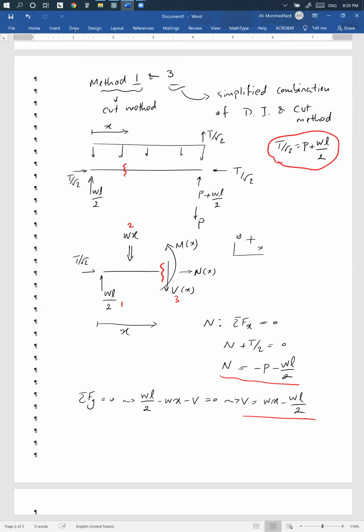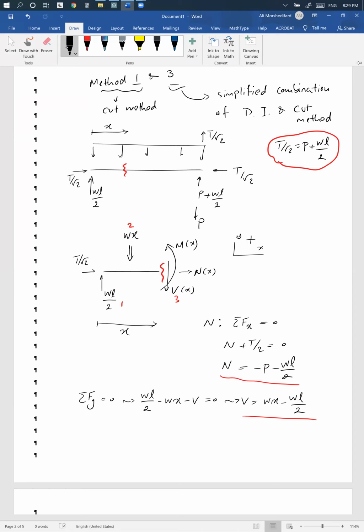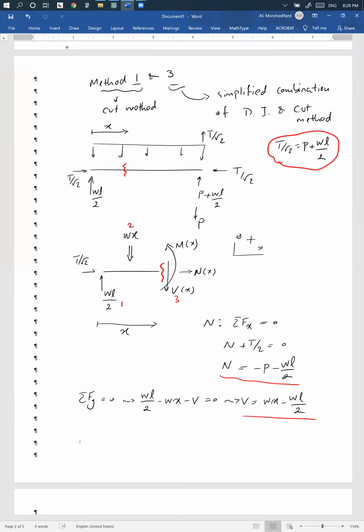So just to use a little bit of method 2 here, which is direct integration. Since I have V as a function of x, there is no problem with integrating. You have two ways to get M here. You can either integrate V, or you can write equilibrium about, for example, this point.